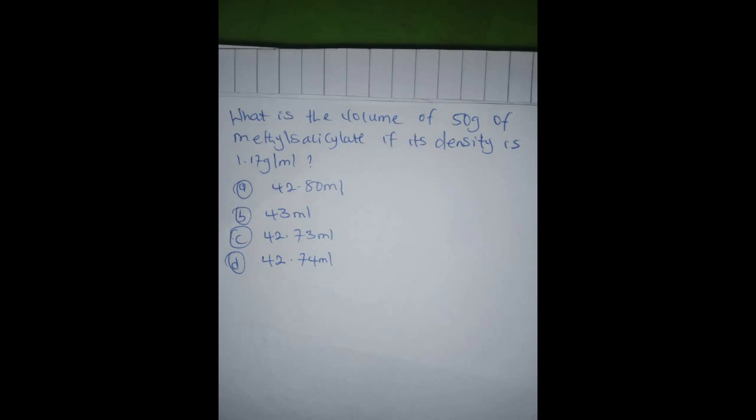There's no way you can approximate this and get 42.80, because the digit following 7 is 3, and the one following that 3 is 5. There's no way you can approximate it and get 8 for 42.80 mL. So A is not the option.